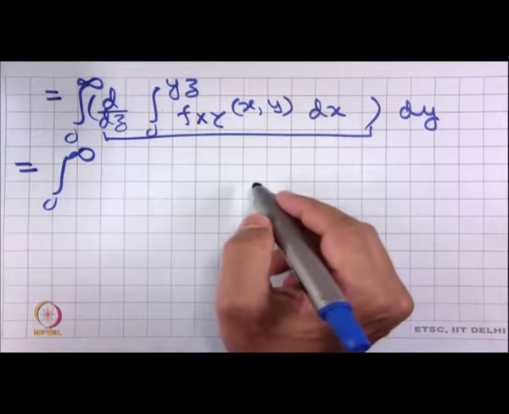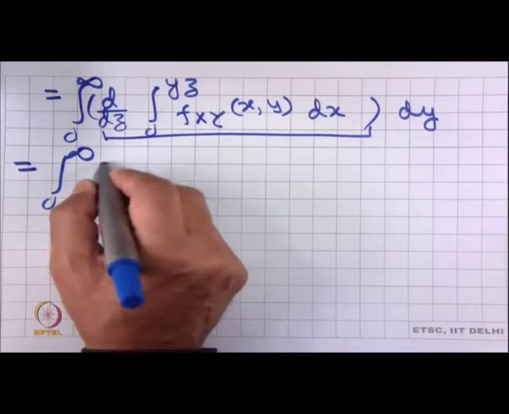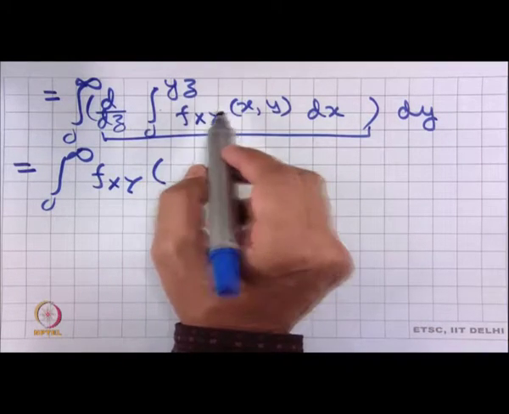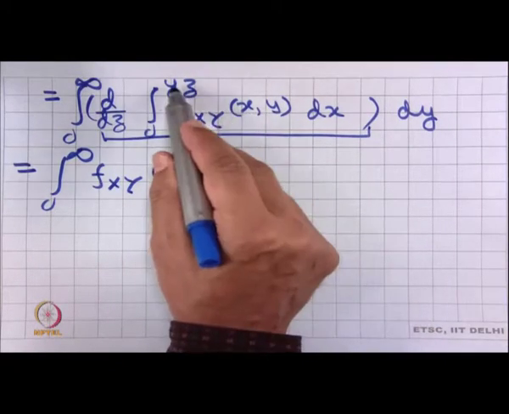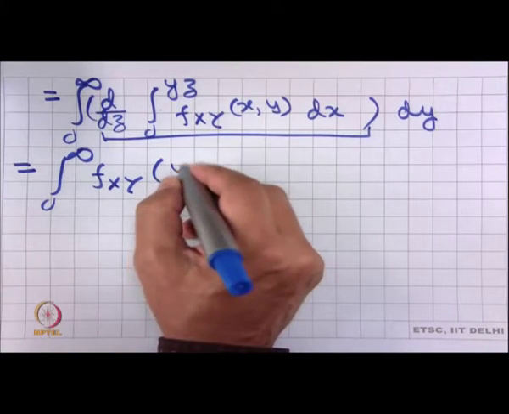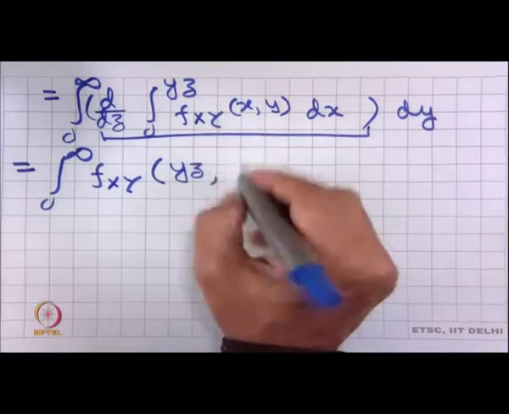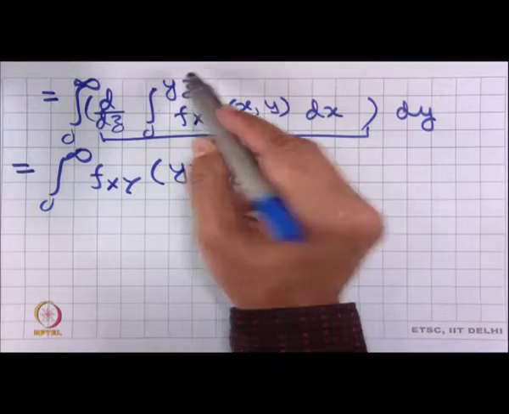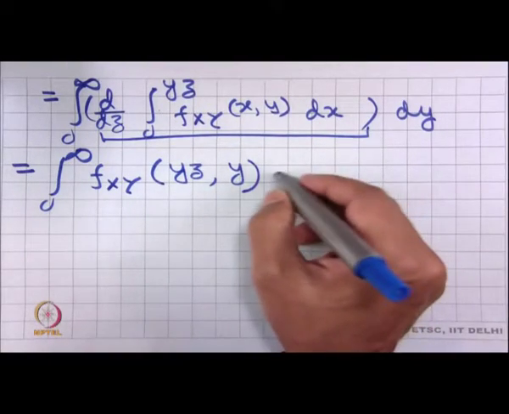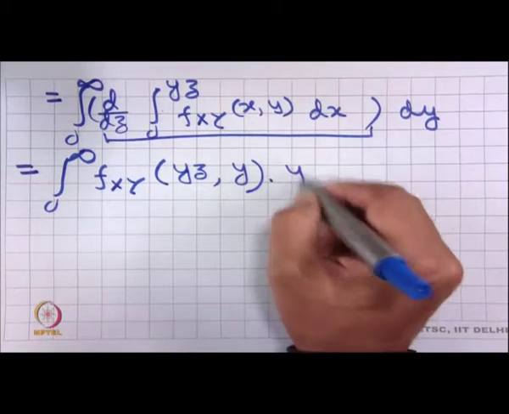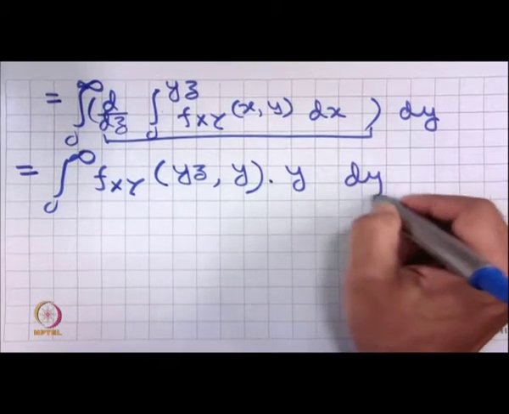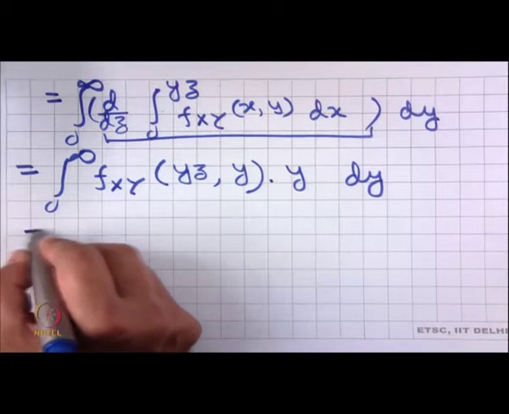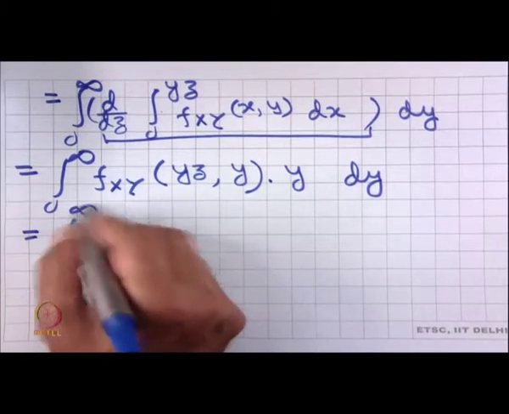Therefore, it is going to be f x y at y z comma y, where the value of x has to be replaced with y z, multiplied by d(y z)/dz, which is equal to y, dy.